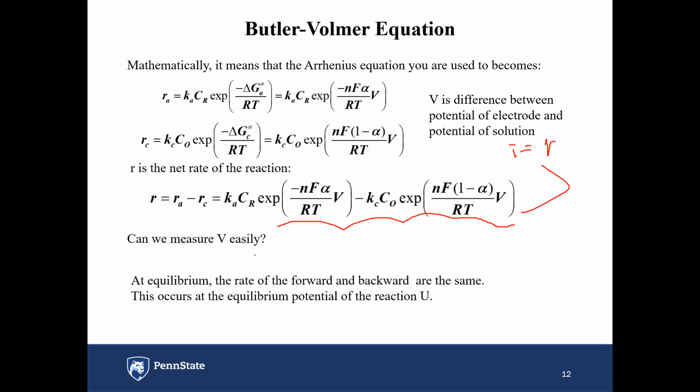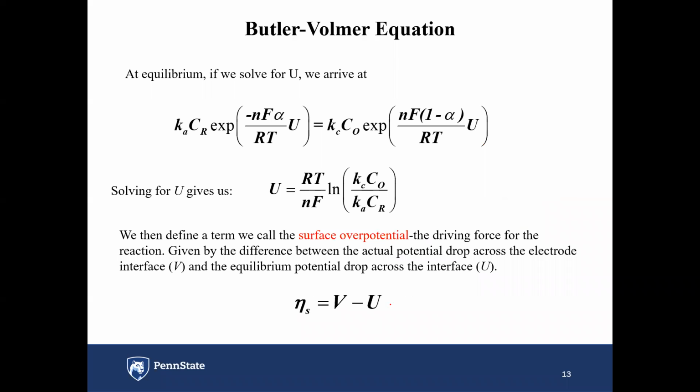So can we measure the V easily? At equilibrium, typically the rates of forward and backward are the same, right? And what does that mean? That means we are reaching the OCV, the reaction potential U. So assume we are at equilibrium, and we are solving for U, we can get U equal to this.